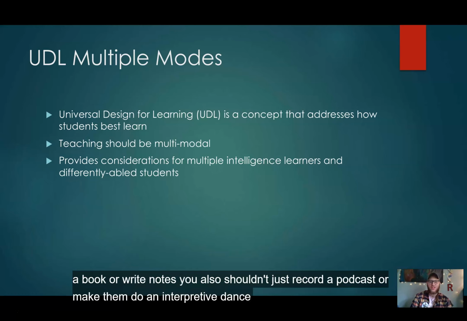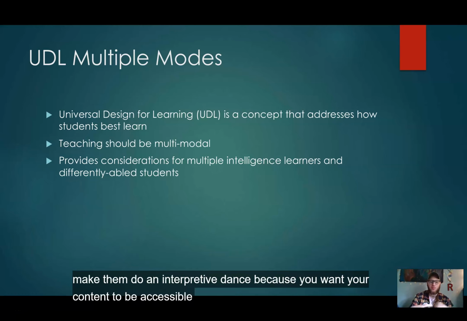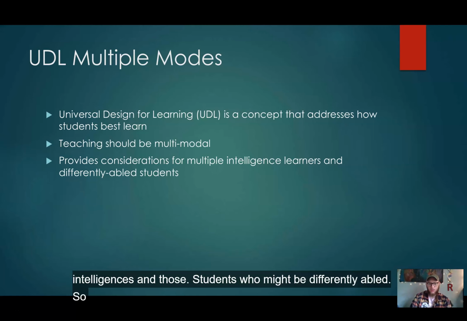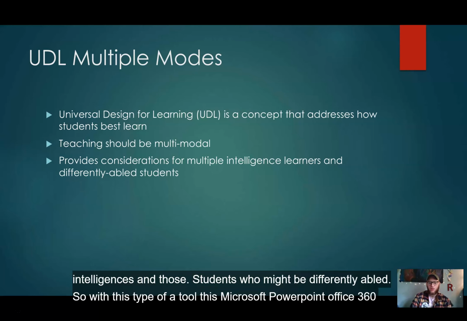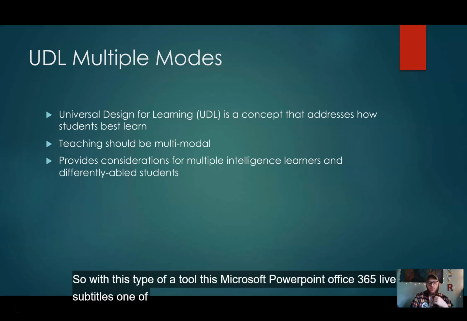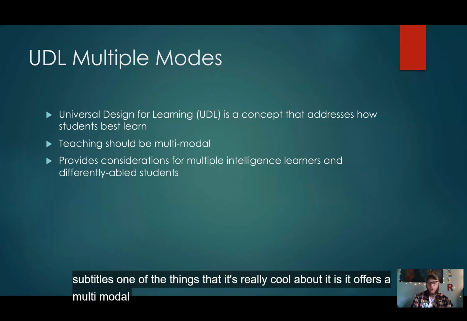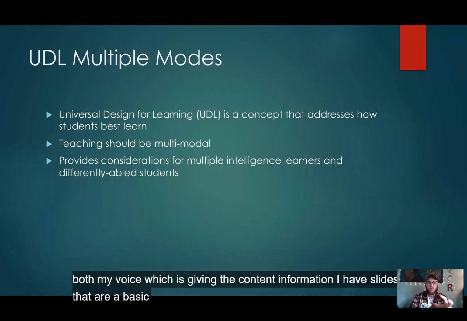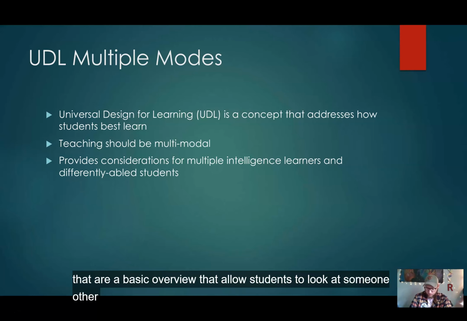Because you want your content to be accessible to students of all the multiple intelligences, and those students who might be differently abled. So with this type of a tool, this Microsoft PowerPoint Office 365 Live Subtitles, one of the things that it's really cool about it is it offers a multimodal approach to teaching. So in this presentation, I have both my voice, which is giving the content information. I have slides that are a basic overview that allow students to look at somewhat of a structured note format.